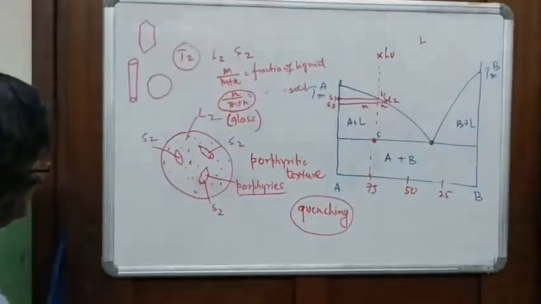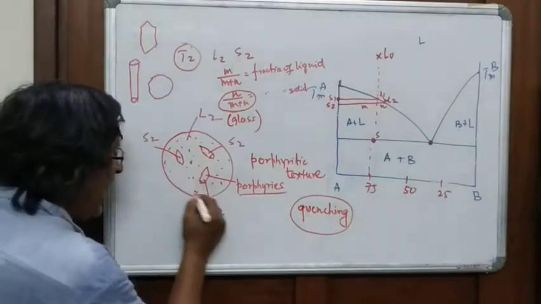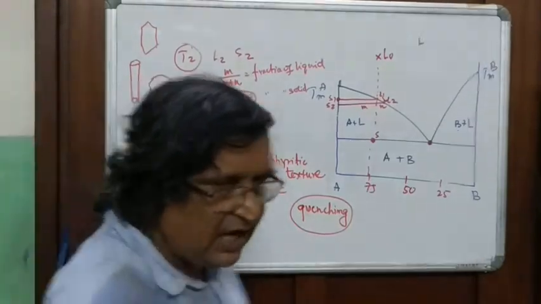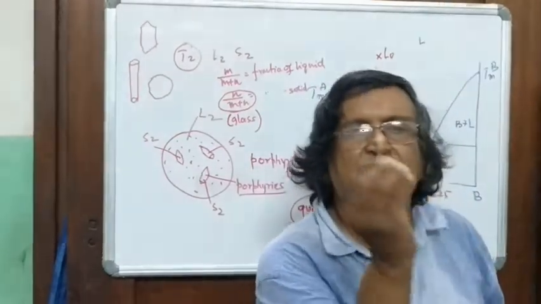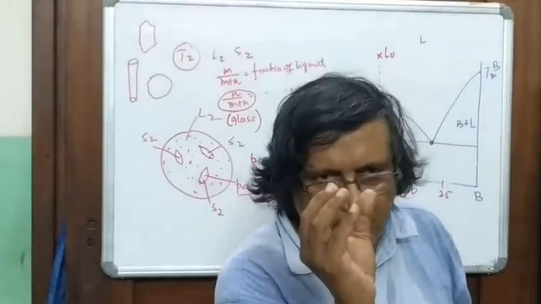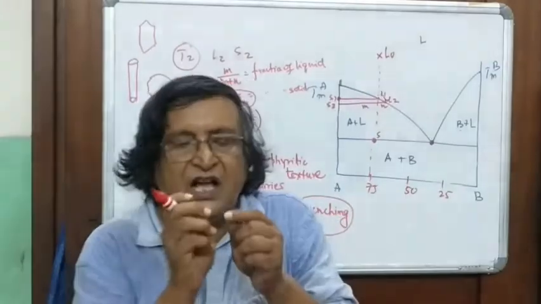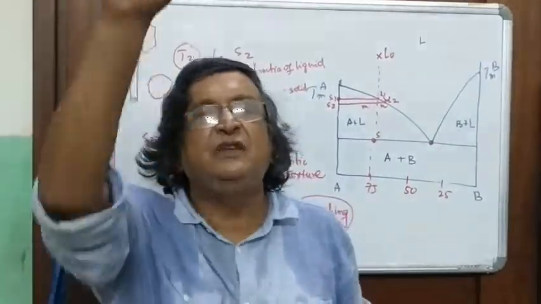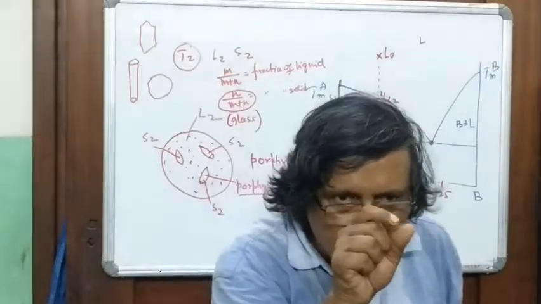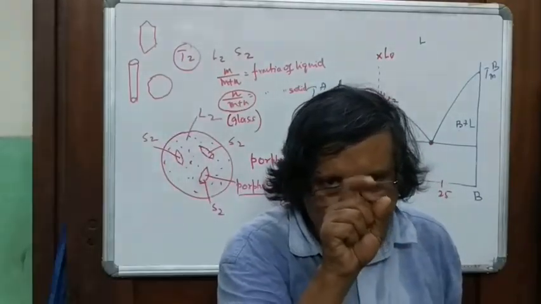But what is important is when you have this crystallization, the fraction of crystal is very small, small enough that grain to grain contact has not been achieved.